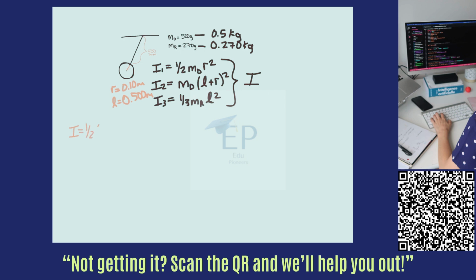So when we combine all of these together, we get that our inertia equals 1/2 times 0.5 kilograms times 0.10 meters squared, plus, we once again have our 0.5 kilograms times both lengths, so we have the 0.10 meters plus the 0.500 meters, and that's going to be squared, plus finally 1/3 the mass of the rod, which is 0.270 kilograms, times the length of it, which is 0.500 meters squared.